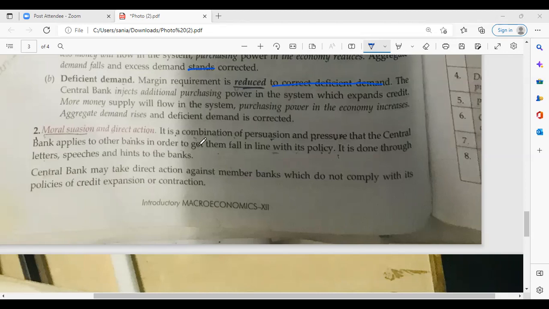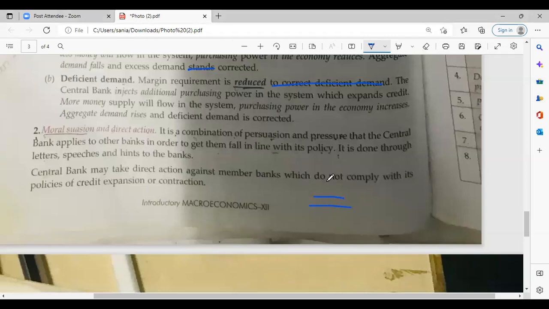So this is the combination used in order to get them to fall in line with the policy. Falling in line means, for example, I am telling you about this policy, and if you apply it, you are falling in line with the policy. This is the policy line.